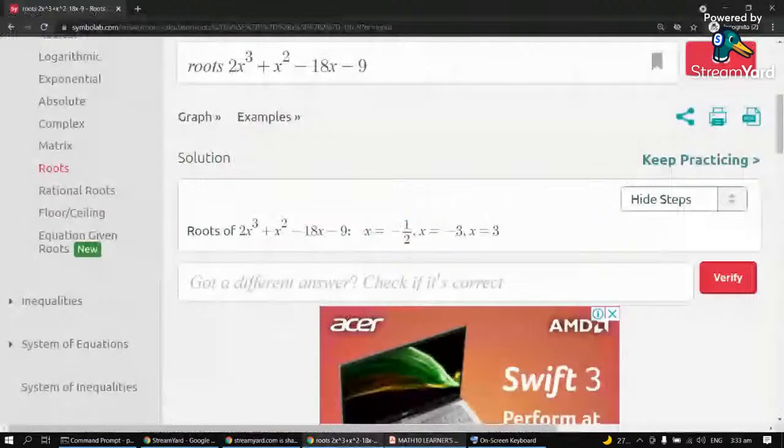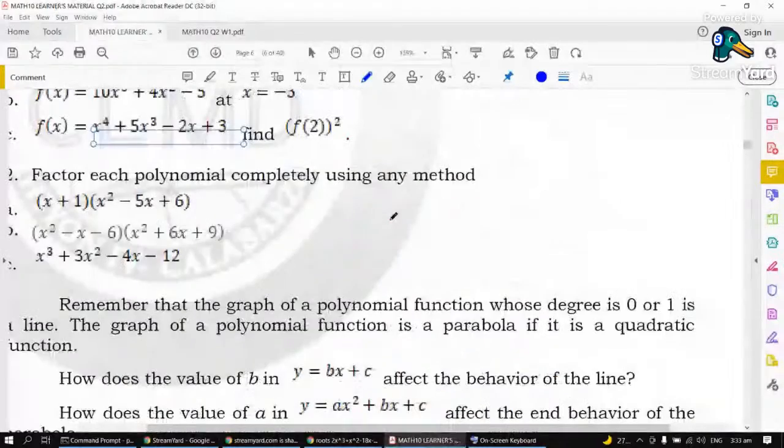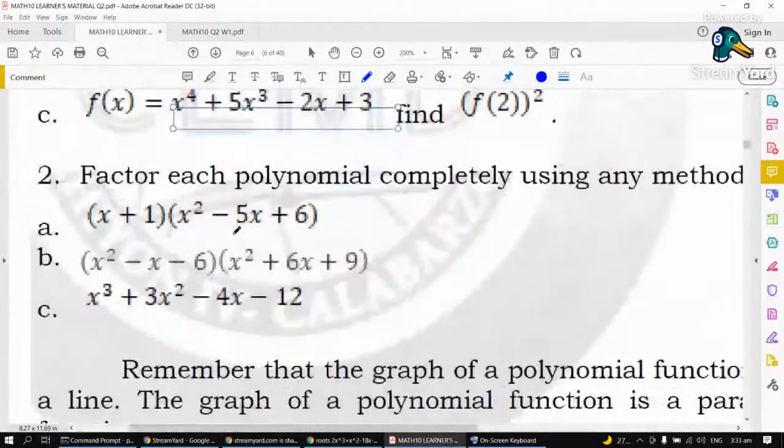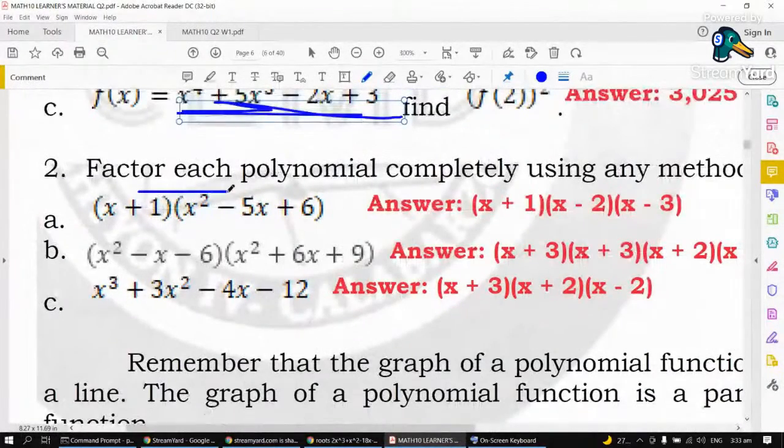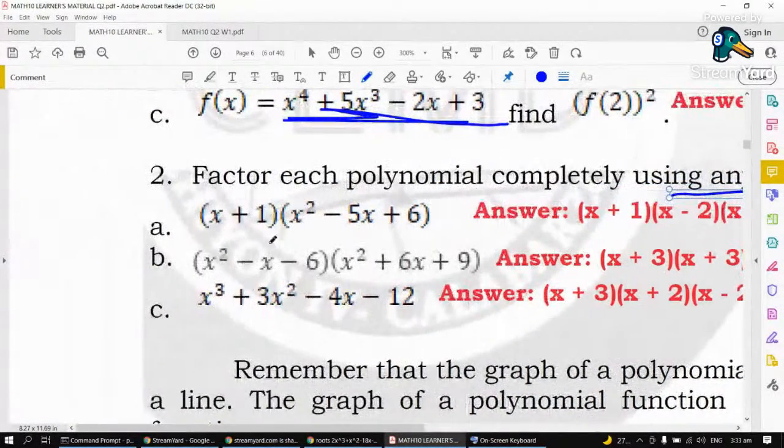Balikan na lang natin yung multiplicity. So, nandito pa lang tayo. Factor each polynomial completely using any method. So, using any method, kapag in-enter mo to, practicein natin, no? Para matuto tayo. Enter natin to.